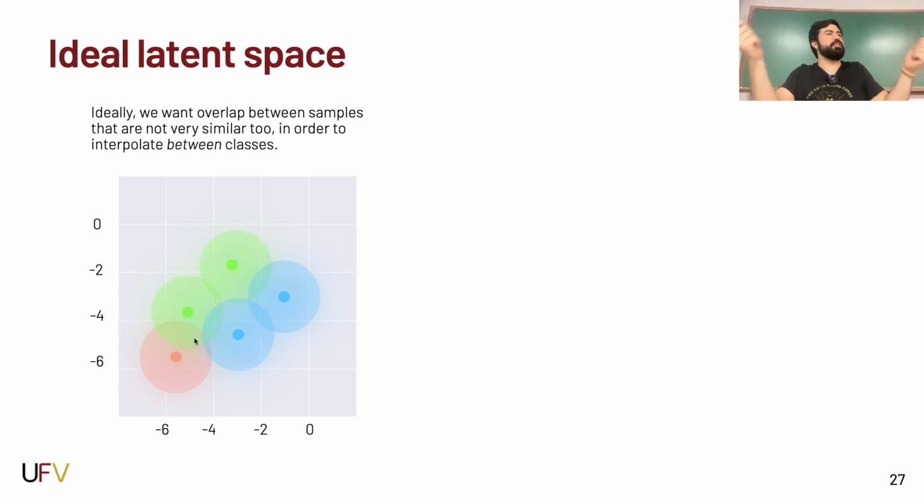And if images have shared features, let's say a 7 and a 1, all of them have, let's say, the bar right in the middle, I want them to have these overlaps, right? So this would be ideal. Because if this area represented 1s, and this area represented 7s, maybe I want the images in between to look like something where you don't know if it's a 7 or a 1, right? Kind of something in between, actually.